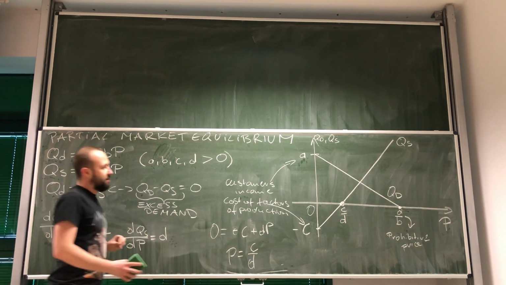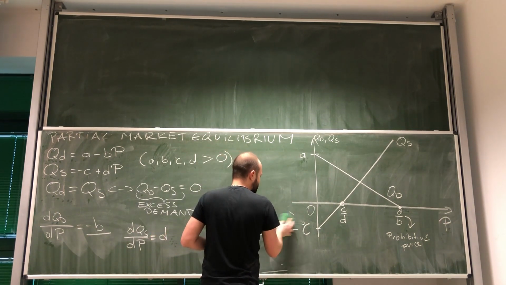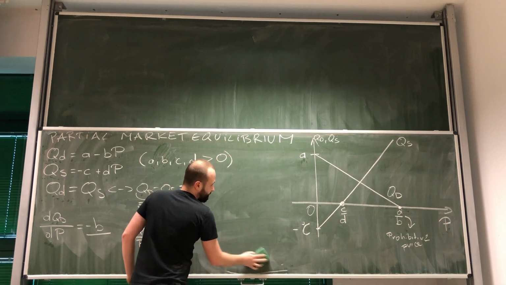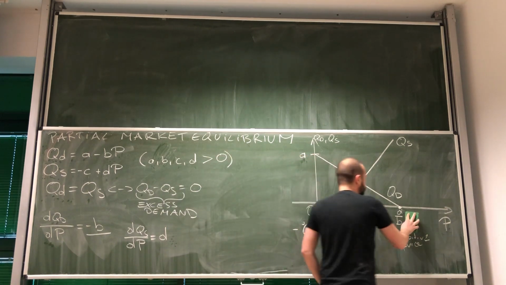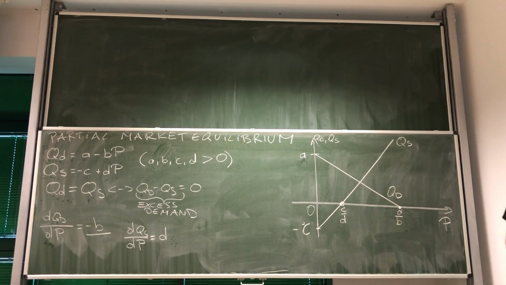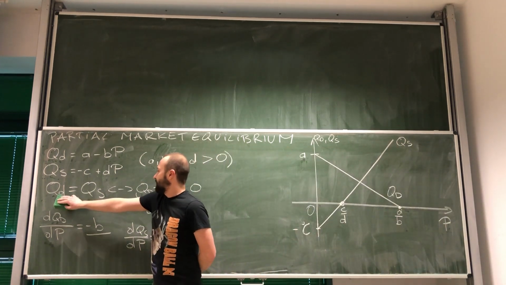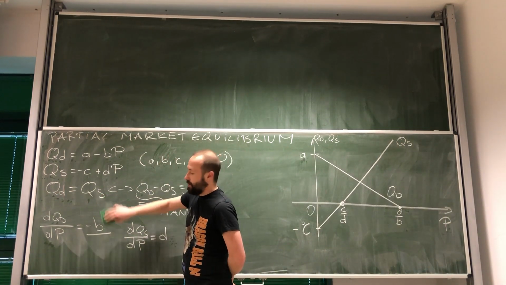Because look, when you were doing a market model in microeconomics class, of course what was interesting to you was the equilibrium price. The price that you get when quantity demanded is equal to quantity supplied.